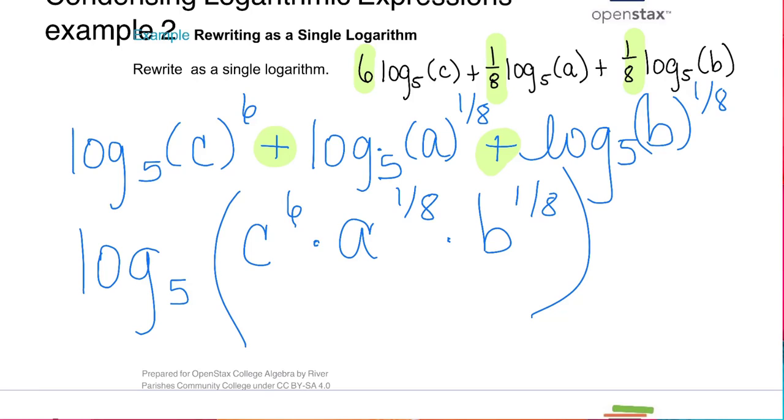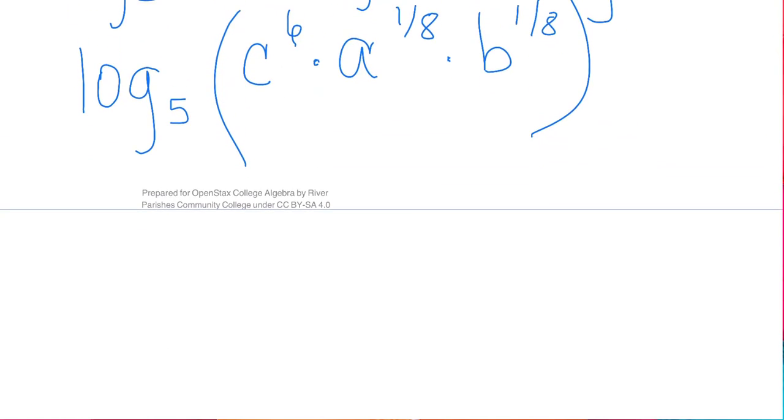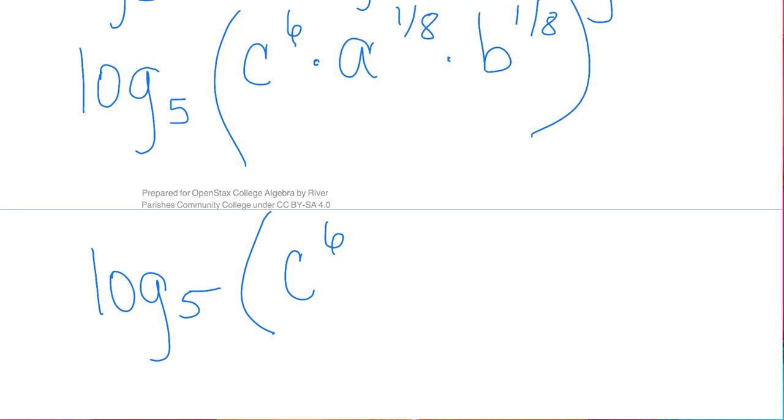All right, so taking it a little bit further. Now this is log base 5 of c to the 6th. And then 1/8 is the same thing as the 8th root.